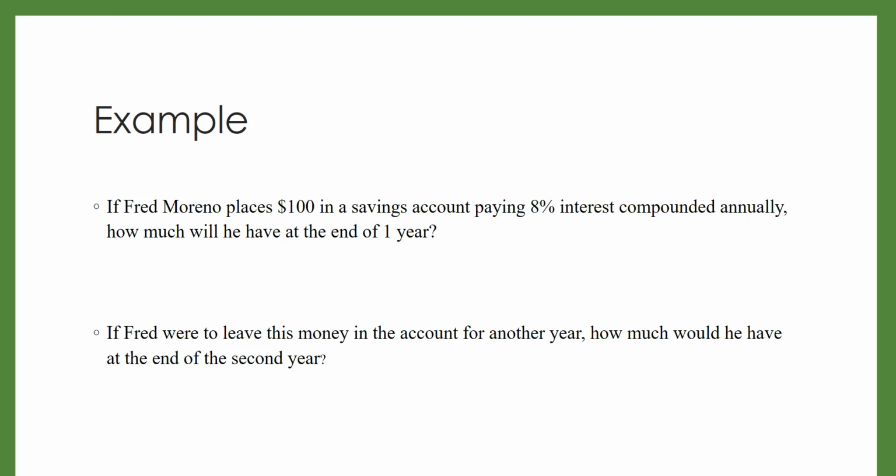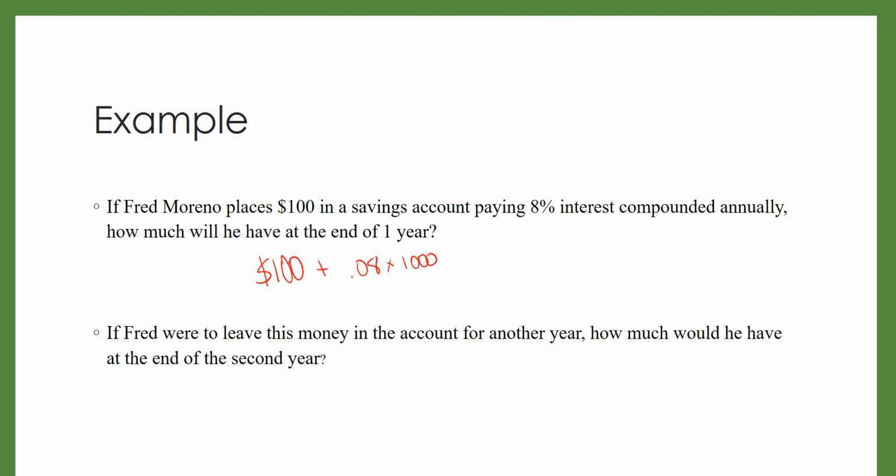So let's just do a little example here to illustrate the formula derivation. If Fred puts $100 into a savings account and that account pays 8% interest that's compounded annually, meaning that it pays interest once per year, how much would he have at the end of the first year? So he had $100 and he's going to earn 8% on that $100.